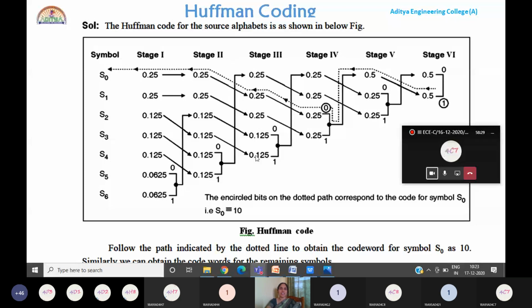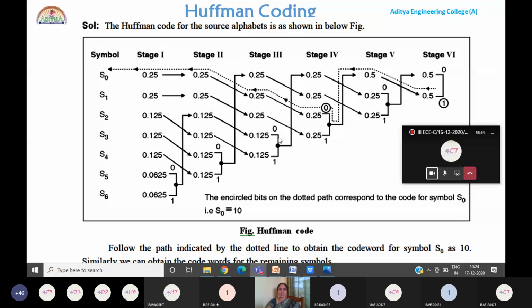In the second reduction we will get S4, in the third reduction you will get the bits up to S3, in the fourth reduction up to S2, and in the fifth reduction bits up to S1. So please observe the reduction process. This reduction process continues during combining.